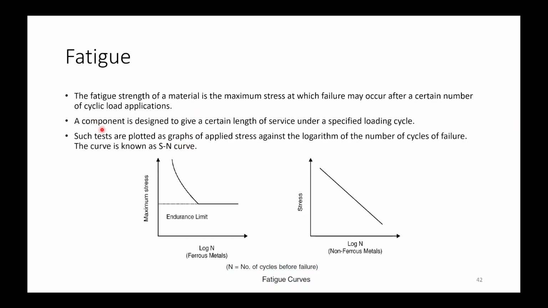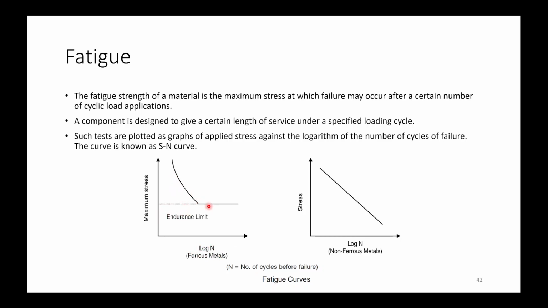Such tests are plotted as graphs of applied stress against the logarithm of the number of cycles to failure. The curve is known as the SN curve. It plots maximum stress versus log N, the number of cycles in log, because the number of cycles will be up to 10 to the power 6 or so.